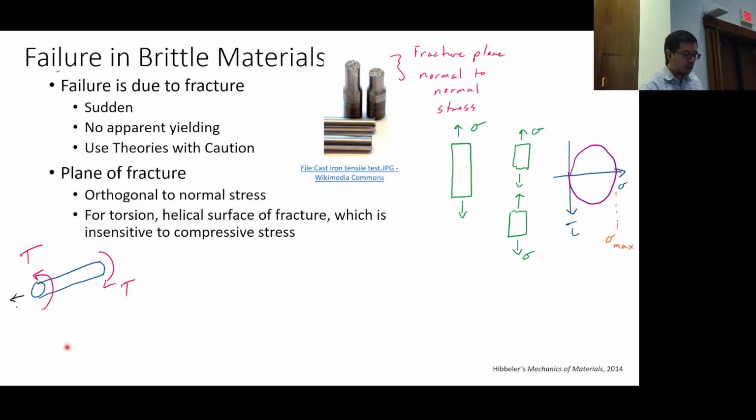Okay? So here is a material element. It's a material element on a rod or a shaft, and you agree this is what the state of stress would look like under torsion, right? And what is that tau xy here? What is its magnitude? How do I calculate that shear stress?